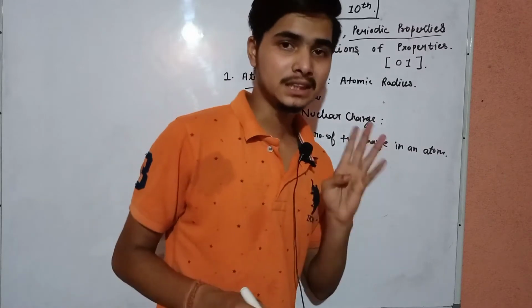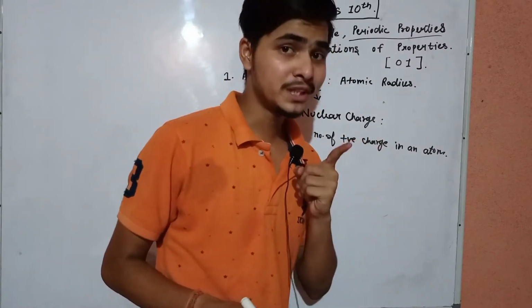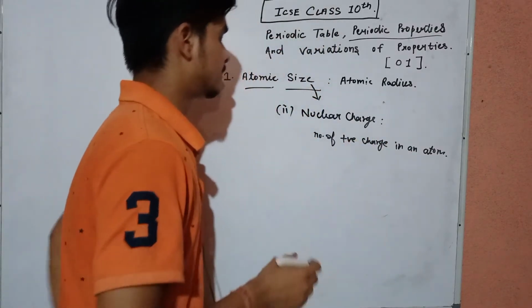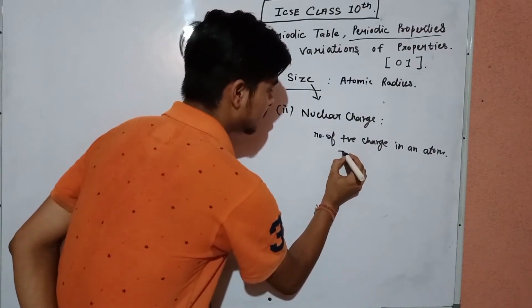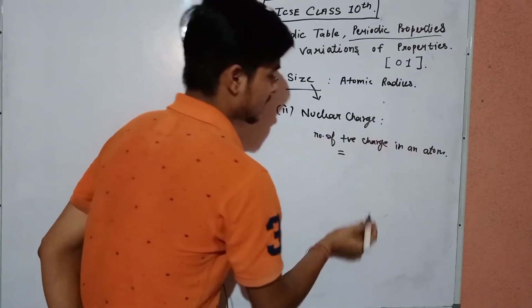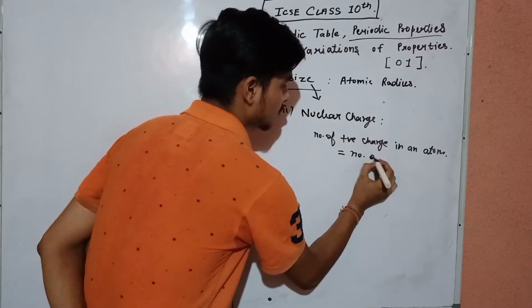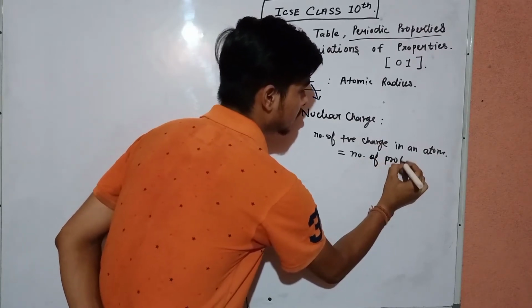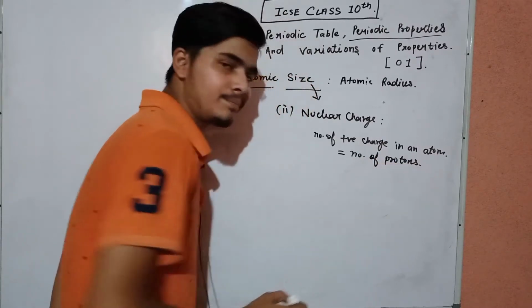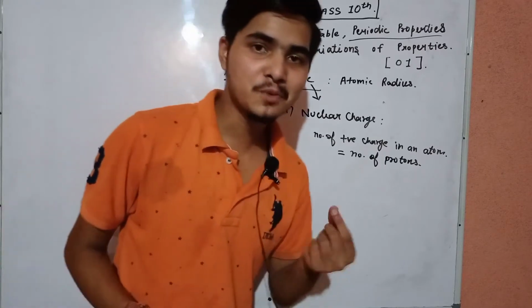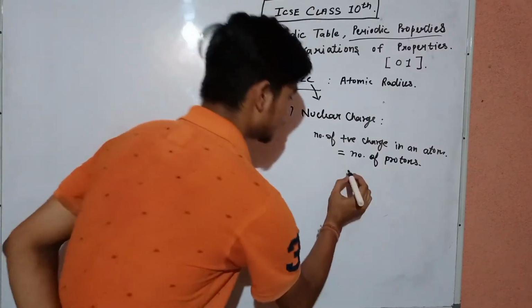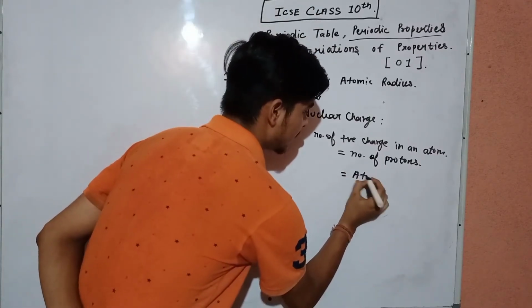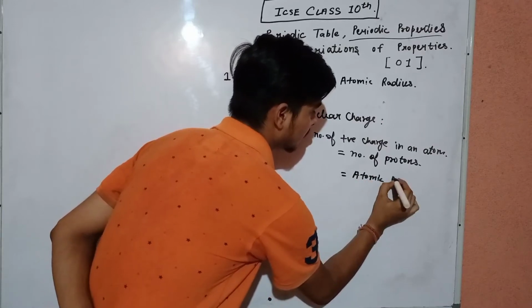An atom has electron, proton, neutron. Which one is positive? Proton. Very good. So the number of positive charge in an atom is equal to the number of protons. And this number of protons is also equal to something. What? Very good, atomic number.